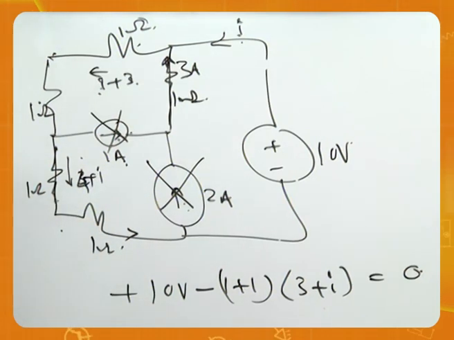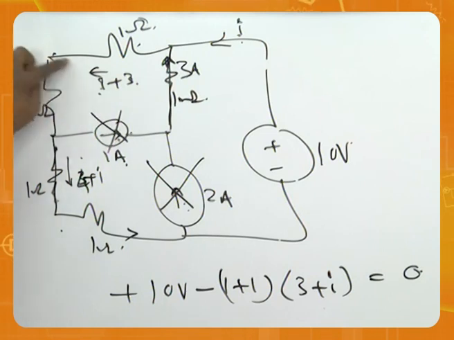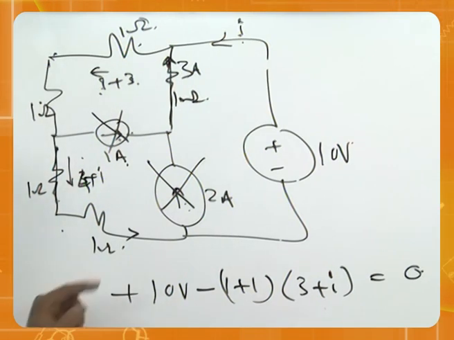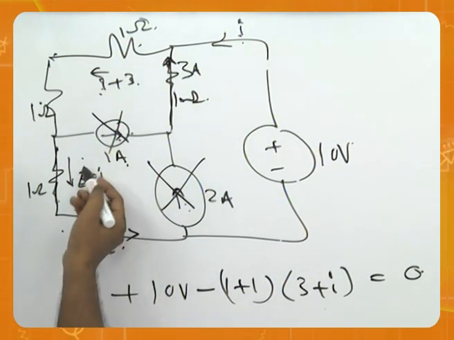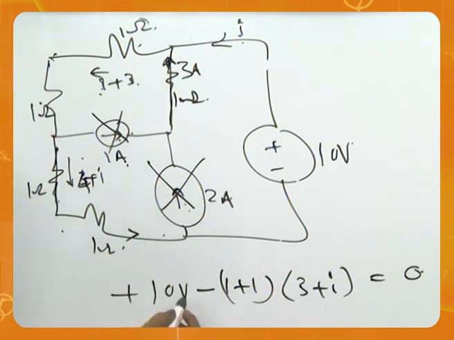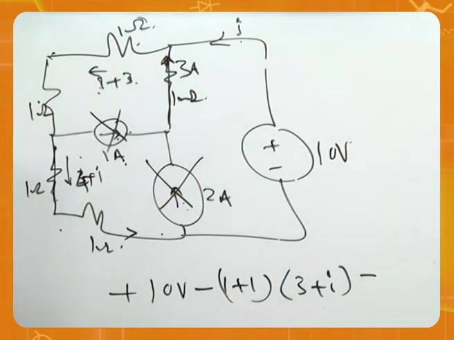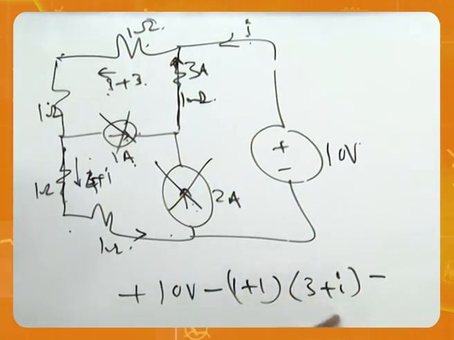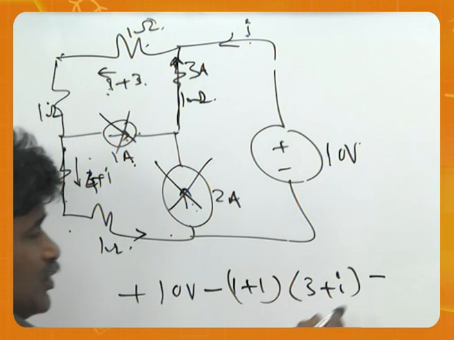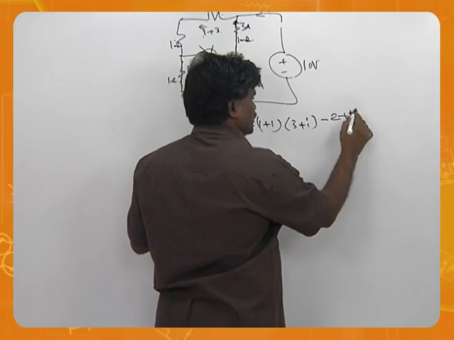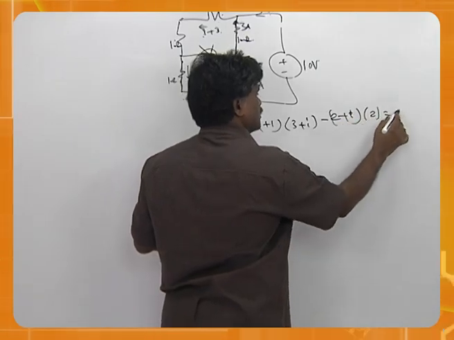That's why, when the current is coming this way, you can call that. And actually, there is a 2 ohms here. So 3 plus I into 2 minus 2 plus I into 2 is equal to 0.